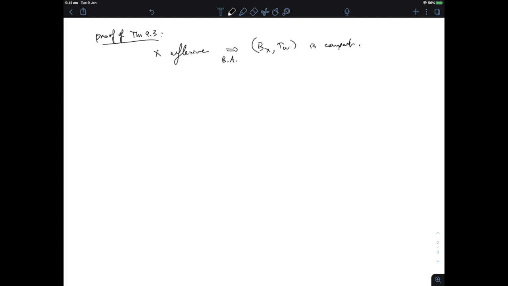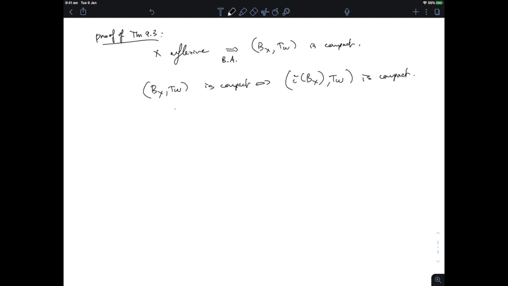Now, in the other direction, if the unit ball of x with the weak topology is compact, now that tells us that the image of this by a continuous map will have to be compact. So I of bx, seen as a subset of bx double star, also endowed with the weak topology, has to be compact.